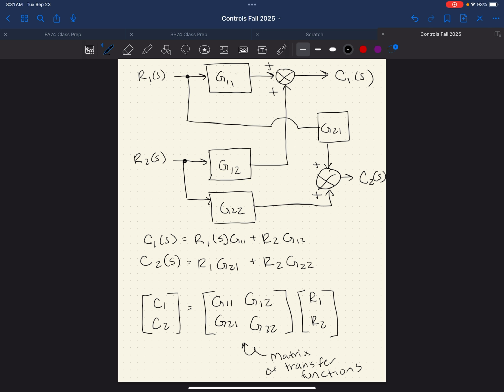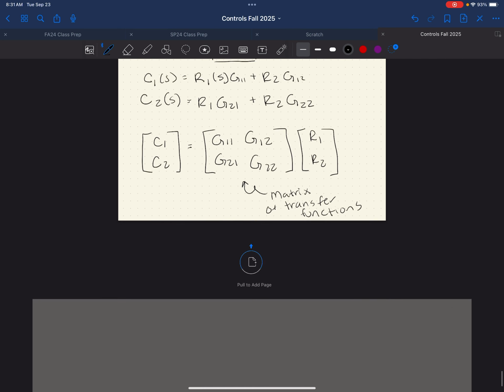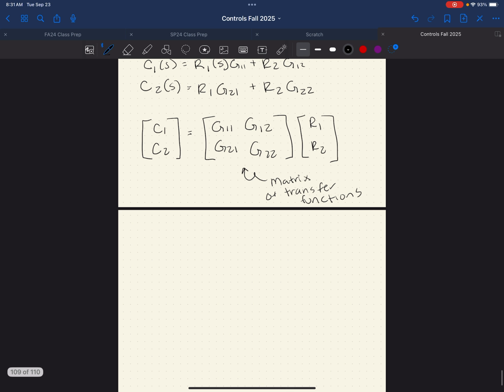So in all reality, in all practical applications, instead of using transfer functions, we usually use state space representation for MIMO systems. So let's talk a lot more about state space representation.